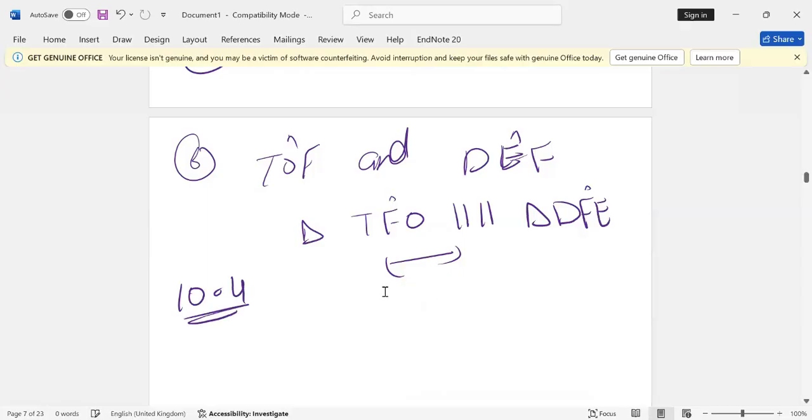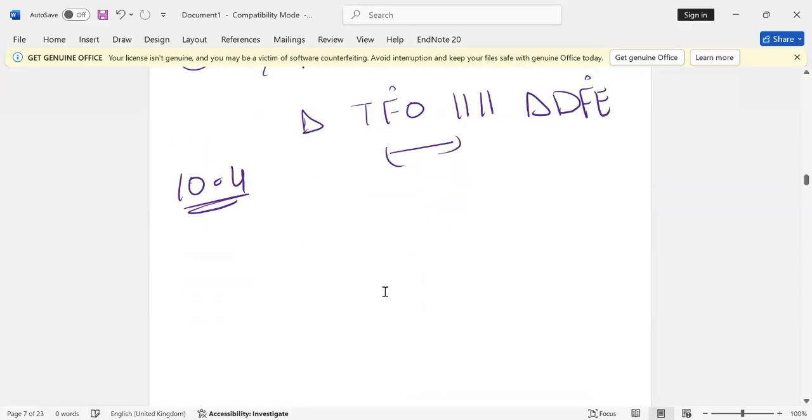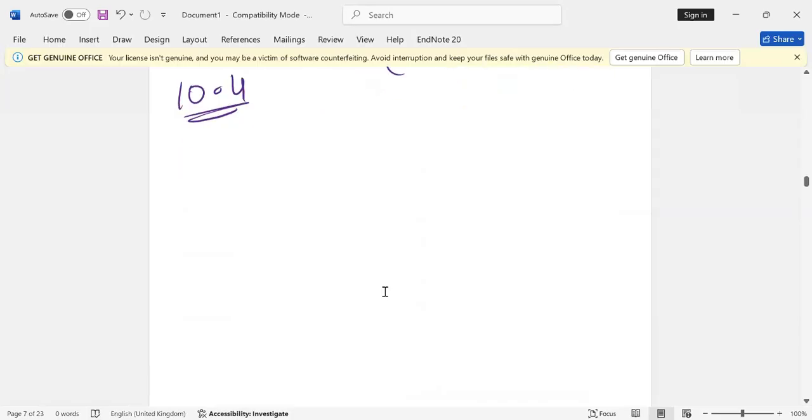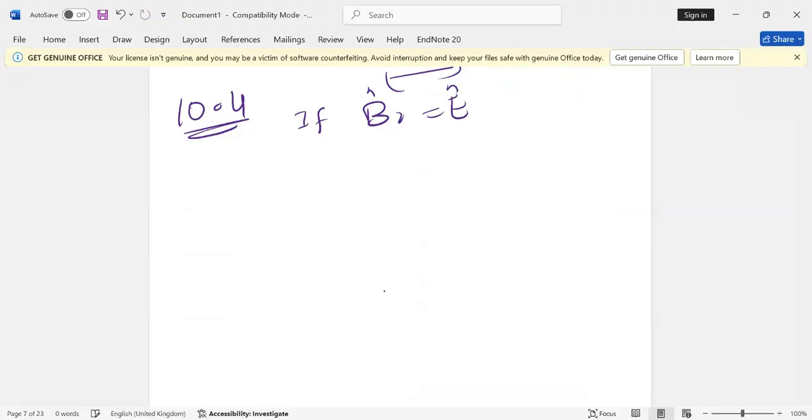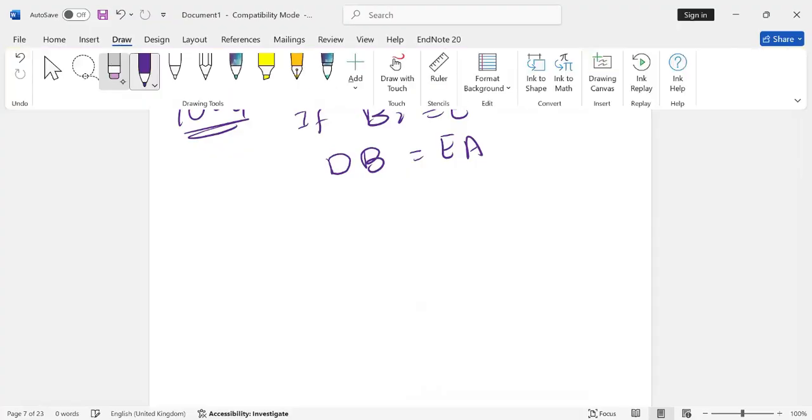We have to prove that if B2 equals E, then BD is parallel to EA. Not equals, we say that it is parallel.